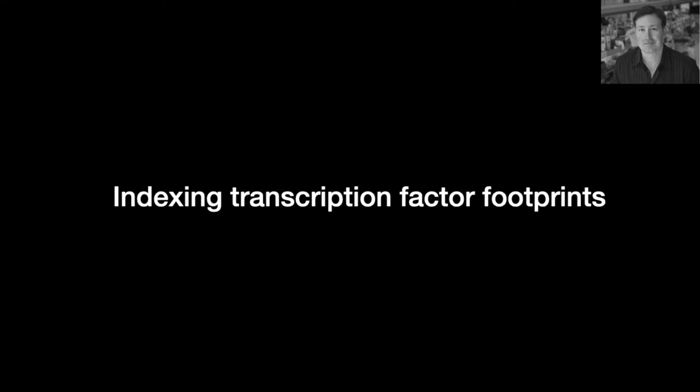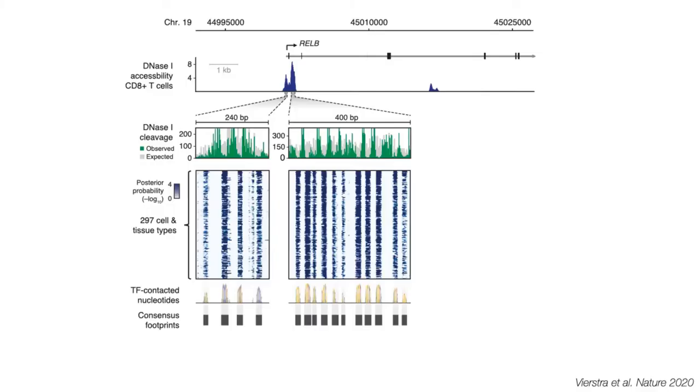A similar approach can be applied to indexing transcription factor footprints. Here, the resolution is vastly higher. We're now looking within an individual hypersensitive site at the nucleotide level, where we have base by base DNase protection data.